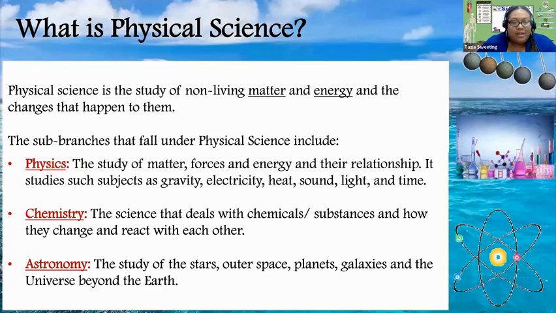In astronomy, we study the stars, outer space, the planets, the galaxies, and the universe beyond the Earth. All right, so notice all of these different sub-branches are dealing with non-living matter or energy, because that's what physical science is all about.